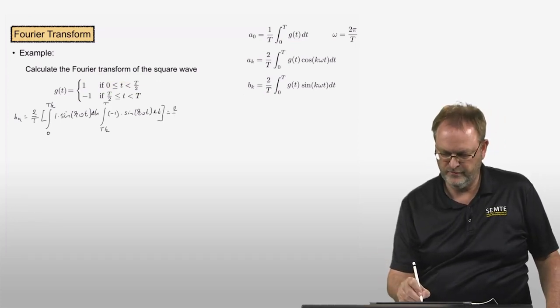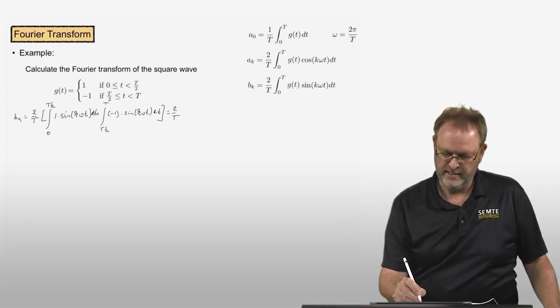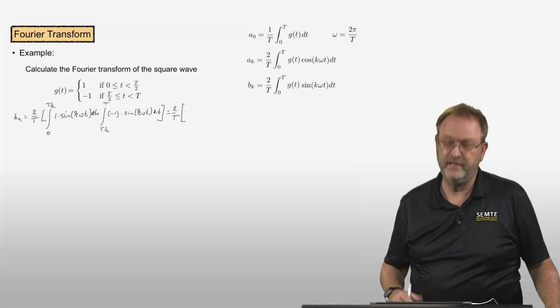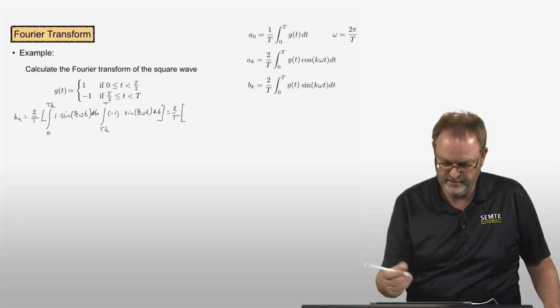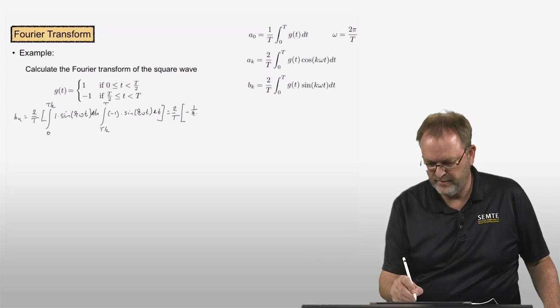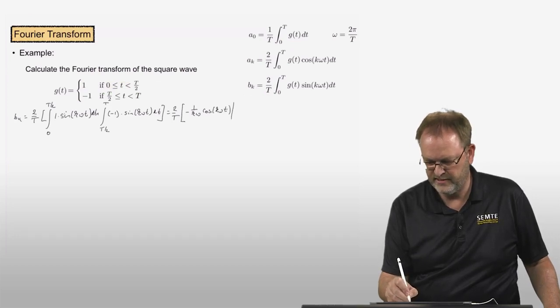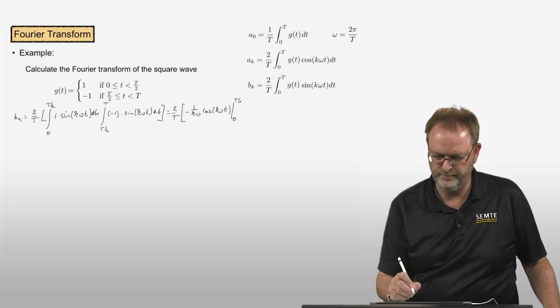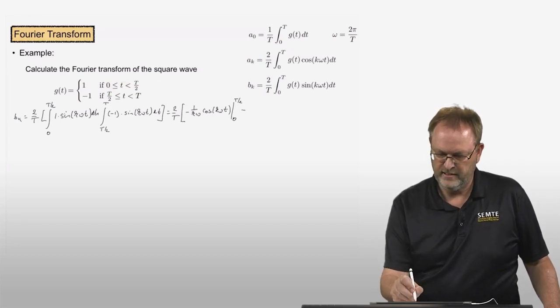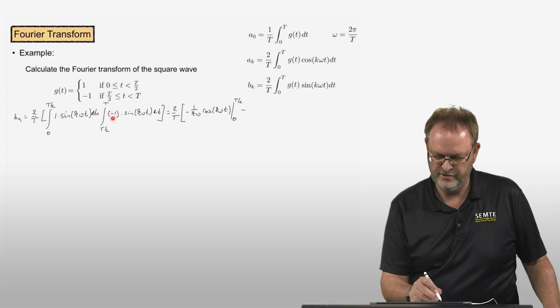So 2 over T times the integral of the sine, which is minus cosine with the inner part here. So minus 1 over k omega times the cosine of k omega t between 0 and T over 2. And then we have minus, right? That's from this definition of g of t.